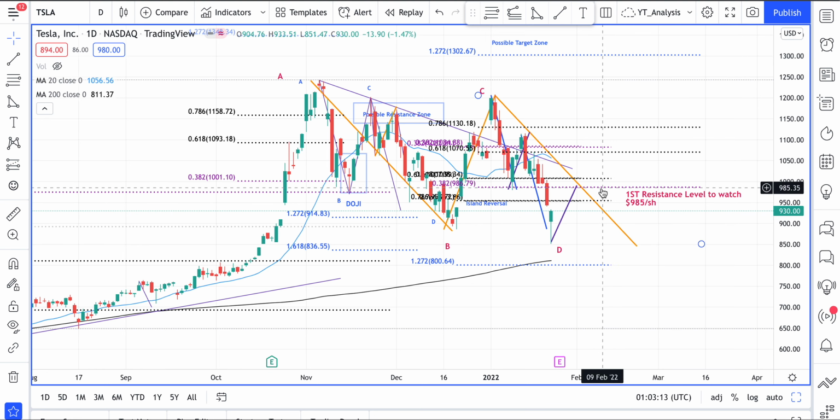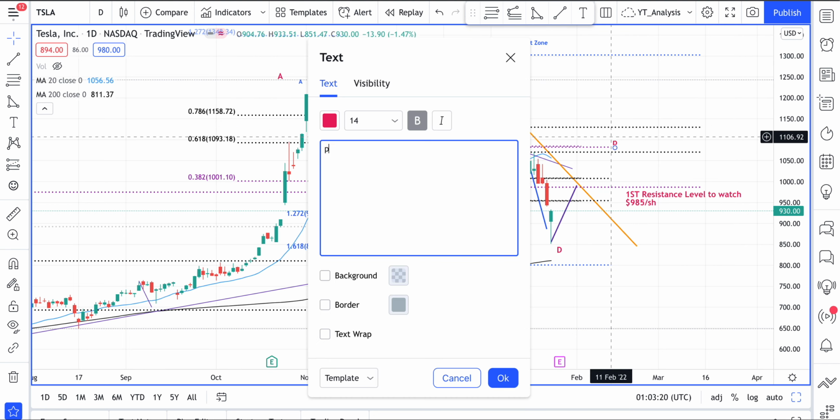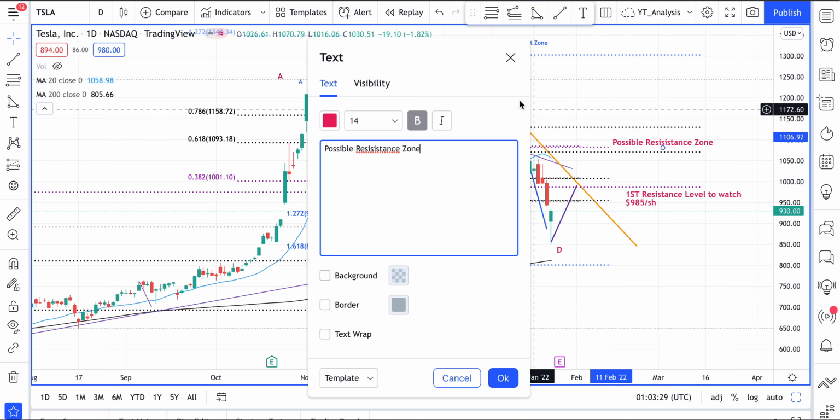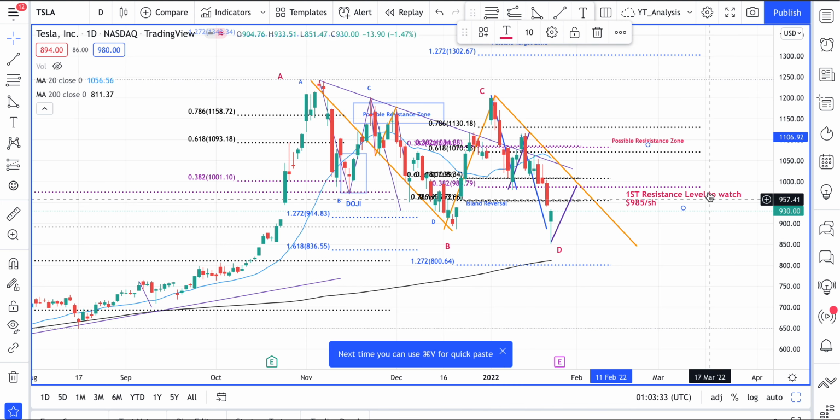If the price is going to break above this, then we are looking at a possible resistance zone on the break of the first resistance, around here.